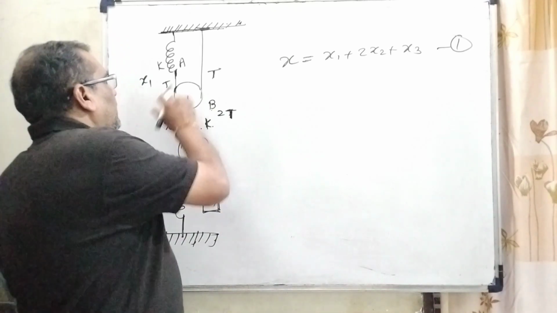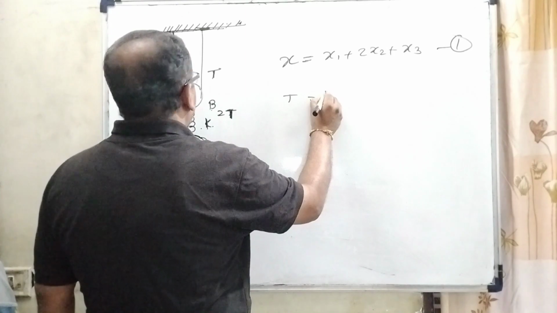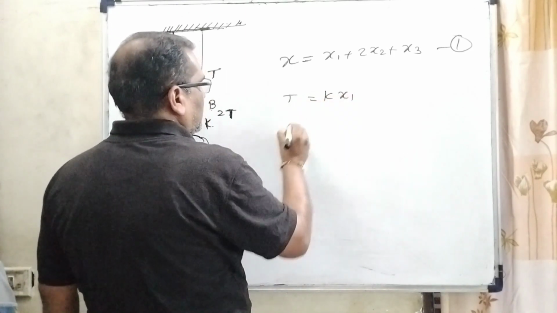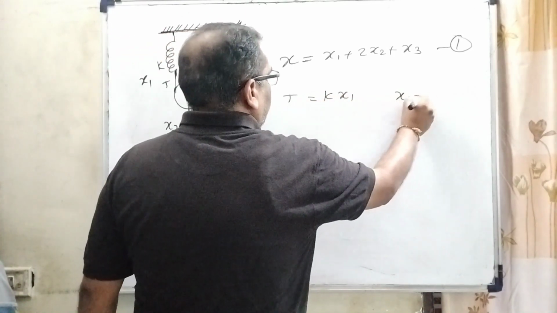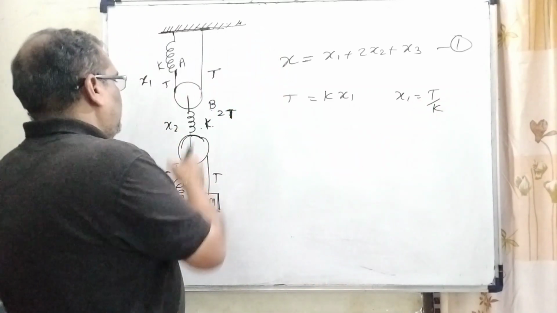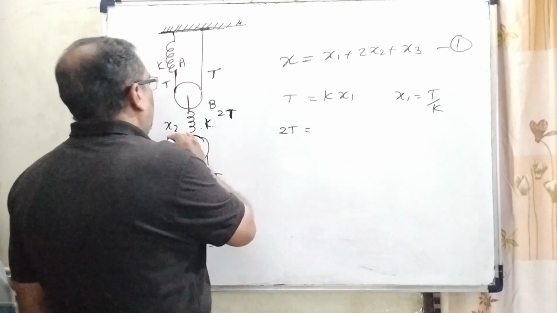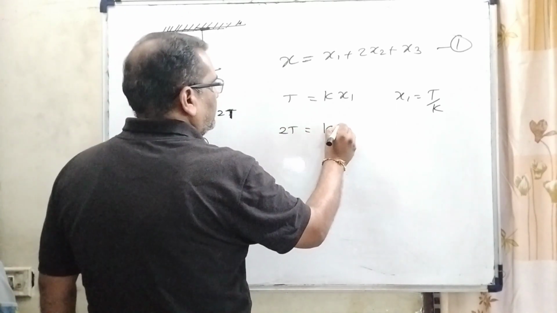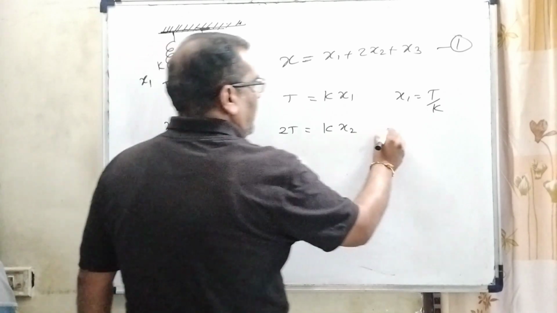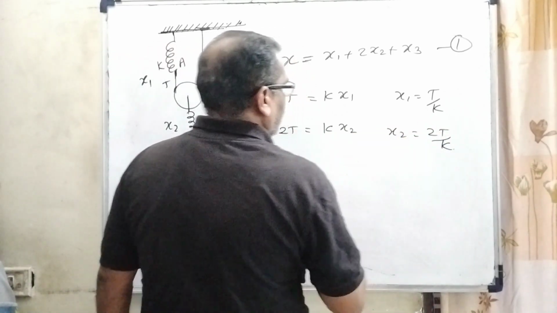Now at A, the tension is T, which equals kx1. So x1 can be written as T by k. At B, the tension is 2T and equals k into x2, so x2 can be written as 2T by k.